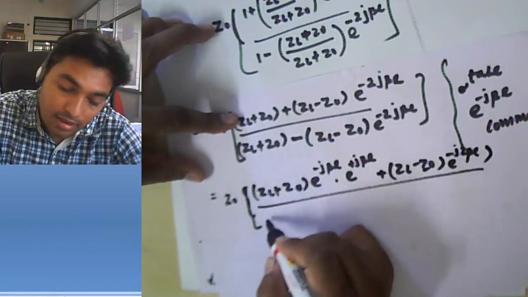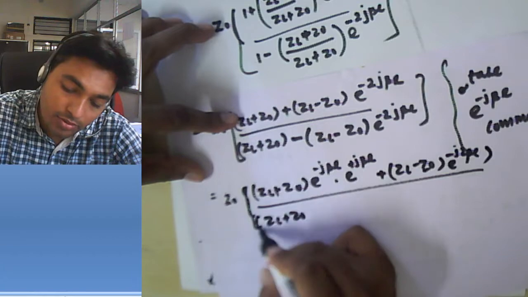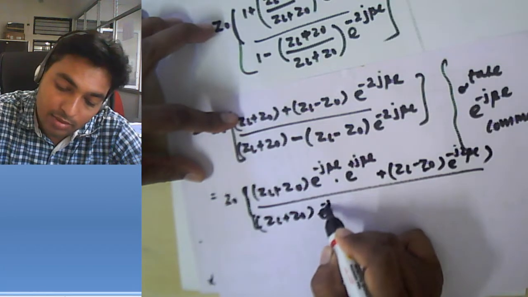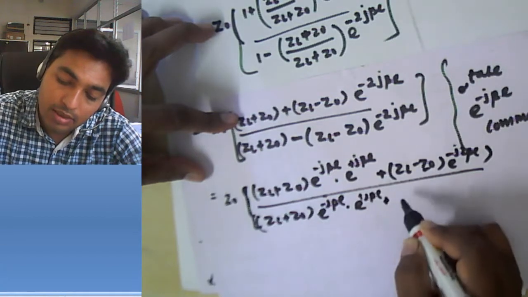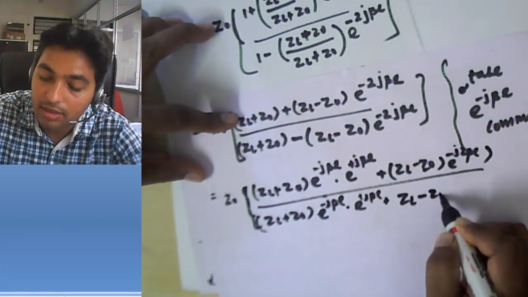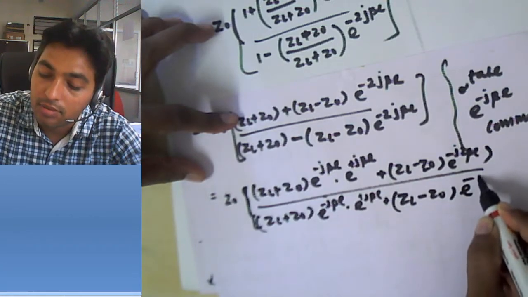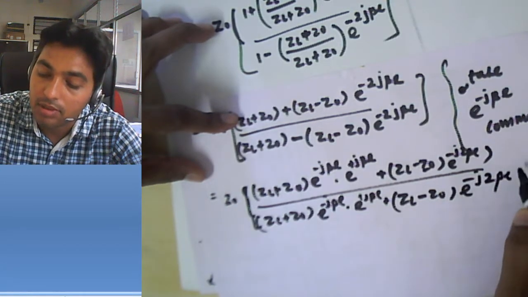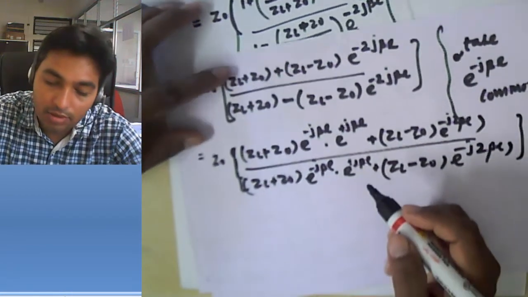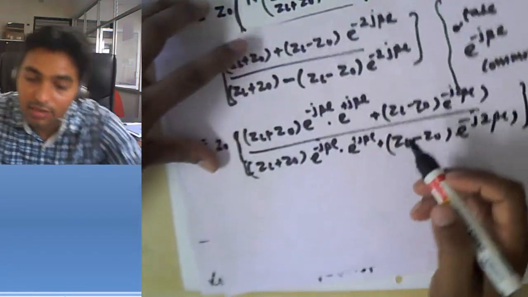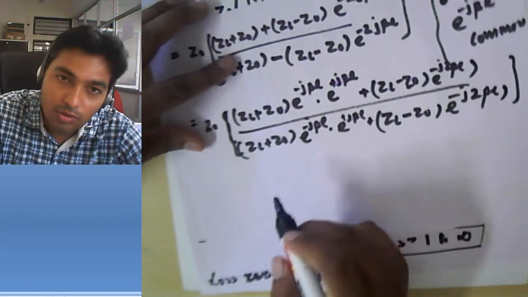Similarly, at the denominator also we'll do the same thing: e raised to minus j beta L into e raised to plus j beta L, plus ZL minus Z0 e raised to minus j2 beta L. Now once we got this, we'll take e raised to minus j beta L common.